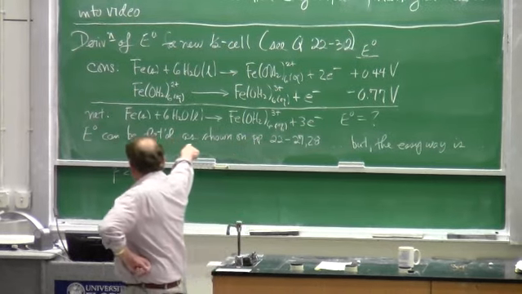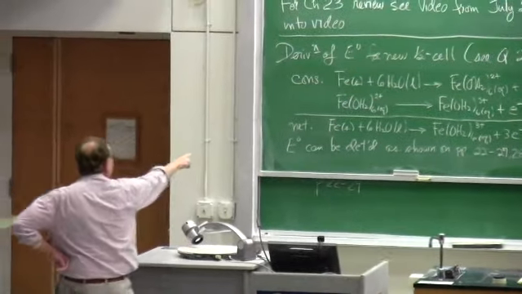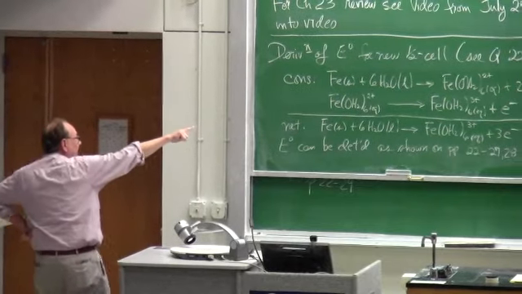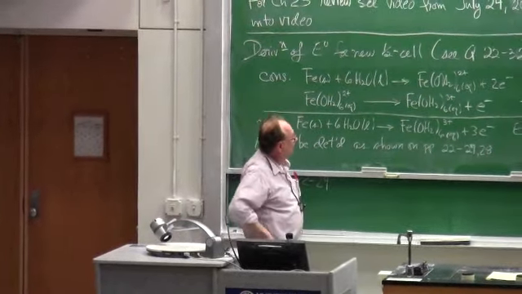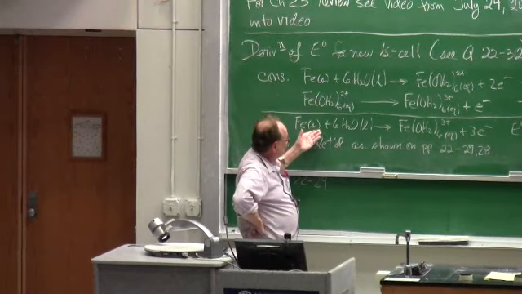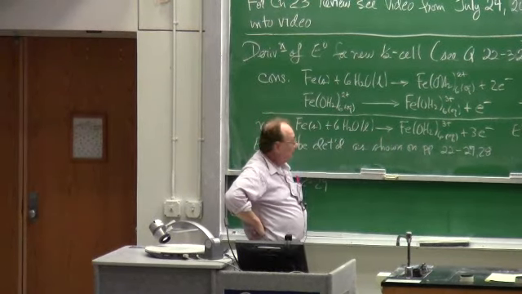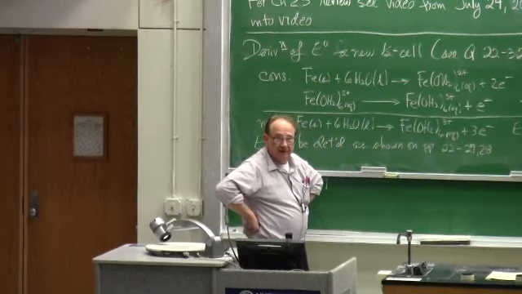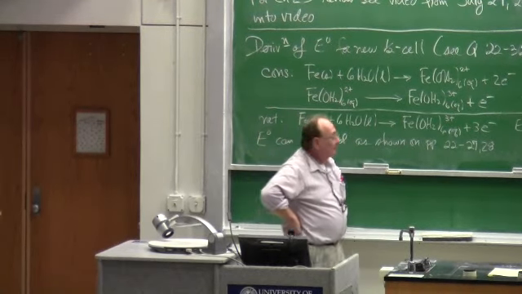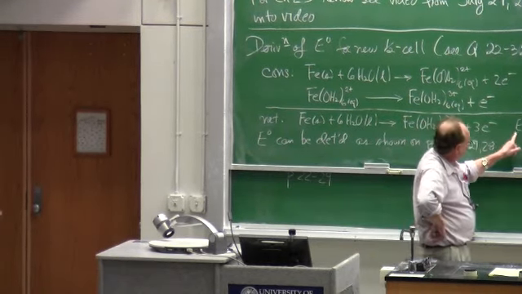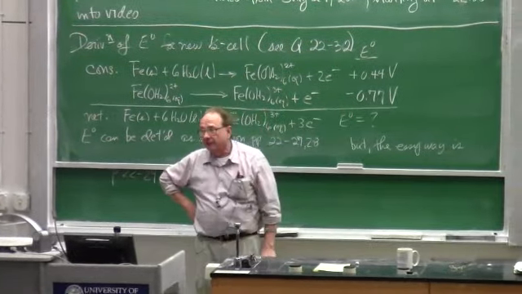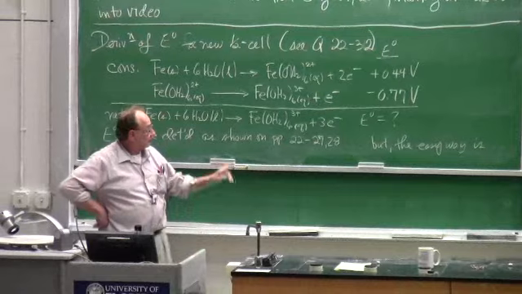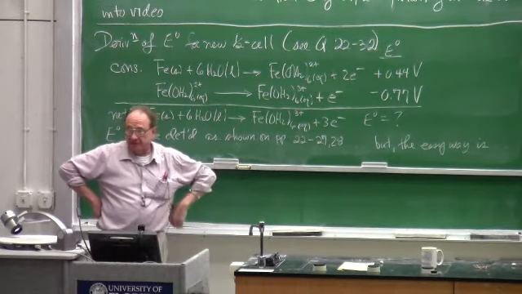We've showed an example right here. This is part and parcel of question 22, question 32 from chapter 22. If I add these 2 as written, I get this. What's E0 for this? Here's the problem. Because I do not get E0 for this new half cell by adding these E0s for the half cells from which this was synthesized.